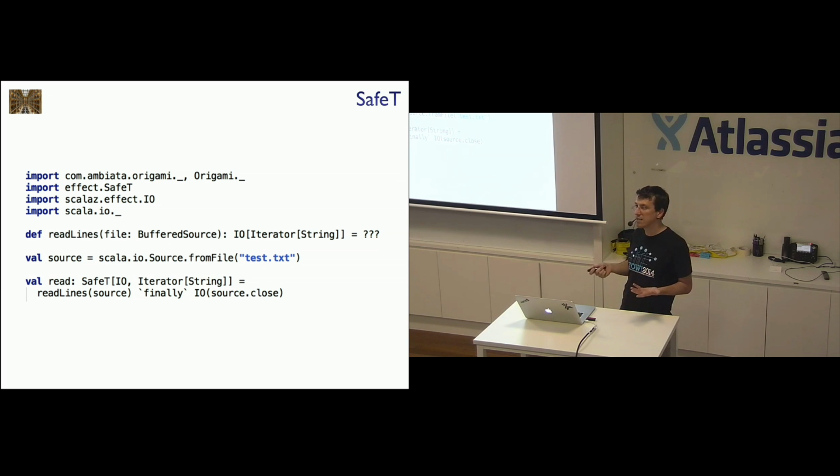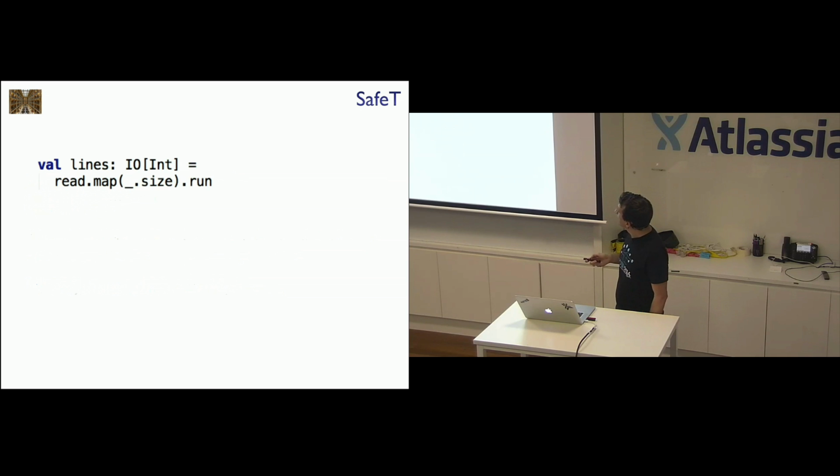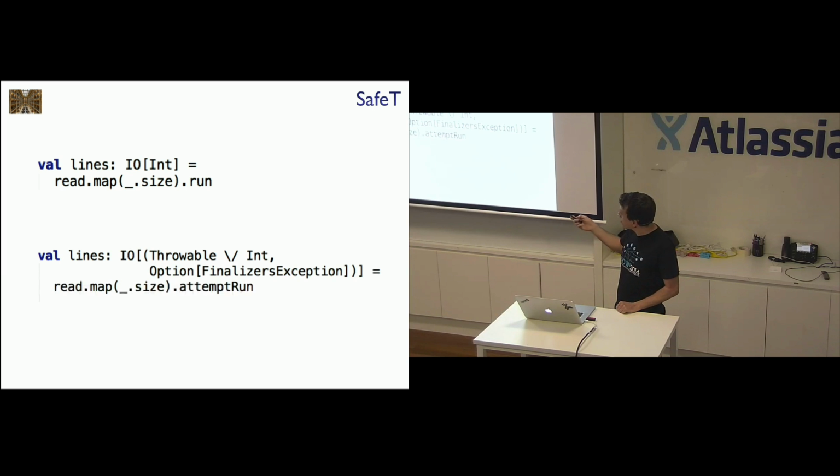So that makes it safe. So that makes this thing, this Safety of I/O, a safe method. So you can run this safely. So if I just call run, I will get an I/O value, and I will have the finalizer being called. But there's also another method which is interesting, which is called attemptRun.